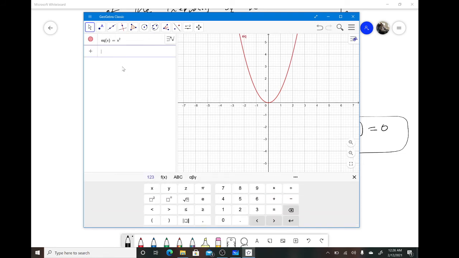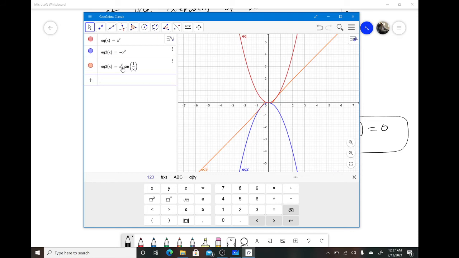Now the second one, I'm going to call it equation 2, and that's going to be equal to negative x squared. And finally, the third equation, equation 3, it's the one that we wanted to figure out the limit of, which is x squared times sine of 1 over x.